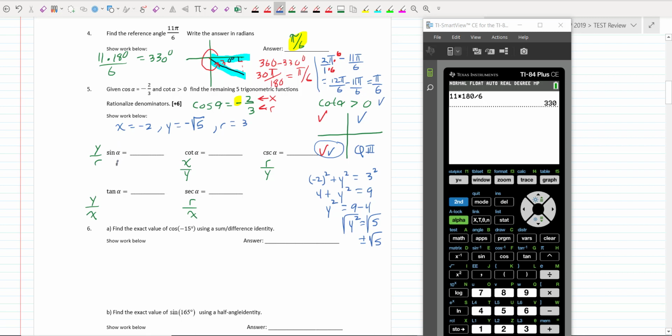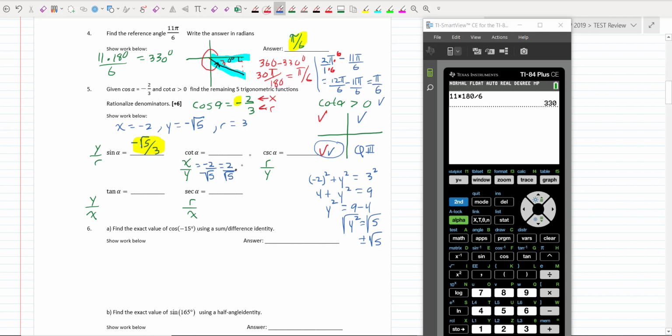If the sine is y over r, then we have negative square root of 5 over 3 for the answer. If the cotangent is x over y, then we would have negative 2 over negative root 5. That becomes a positive answer, so that's 2 over root 5.